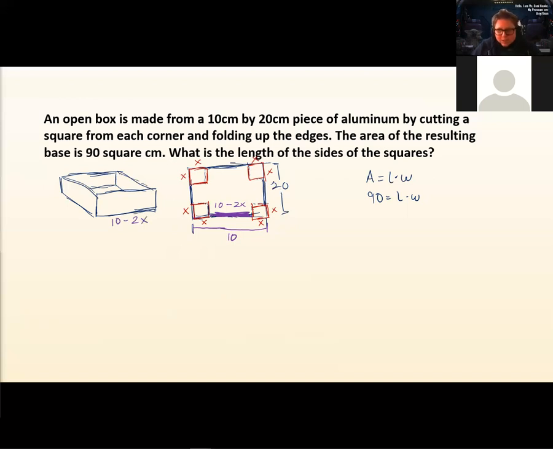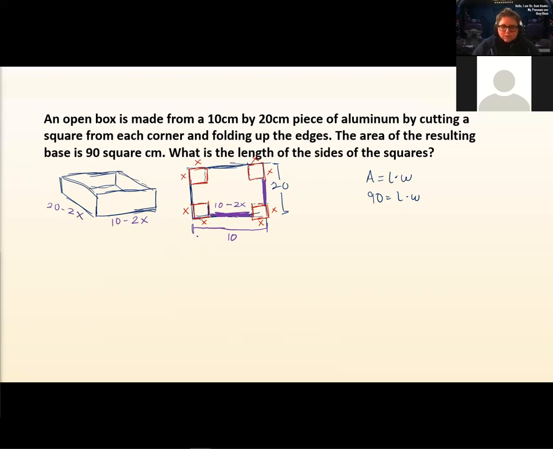Let's think the same thing for the 20 side. So if we want to find this length and the whole length is 20, but we cut out 2x, what do we have here? 20 minus 2x. You got it.